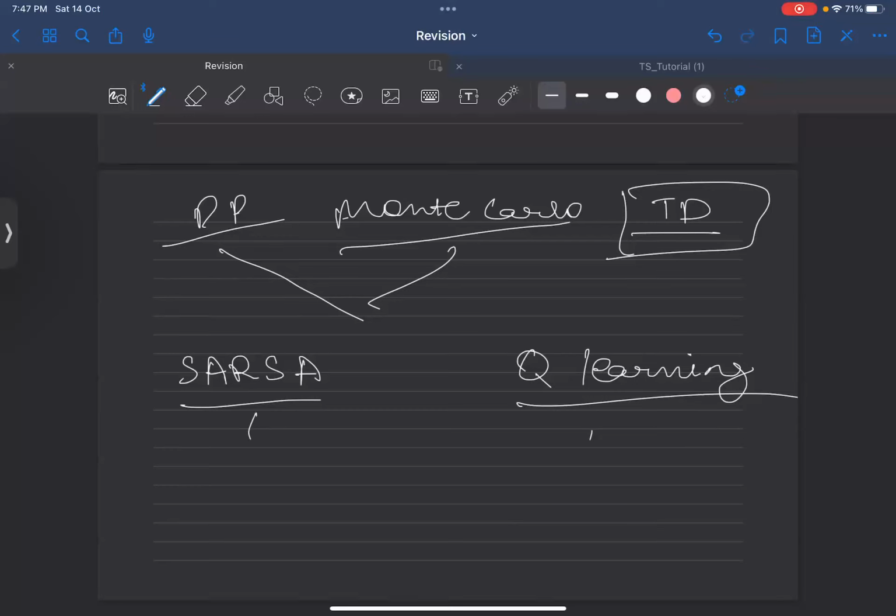SARSA is on policy, and Q learning is off policy. The major difference is that in SARSA the action is chosen according to the current policy, whereas Q learning is not learned according to the current policy. Both are model free, correct? Both are model free. Right.